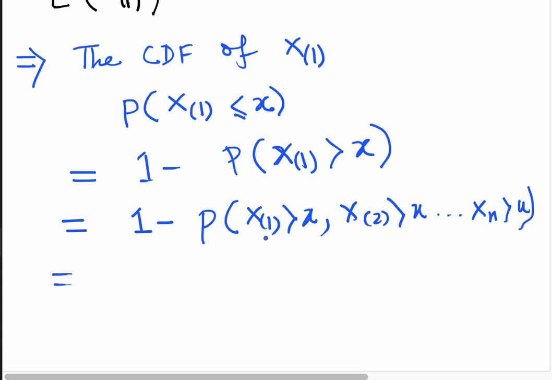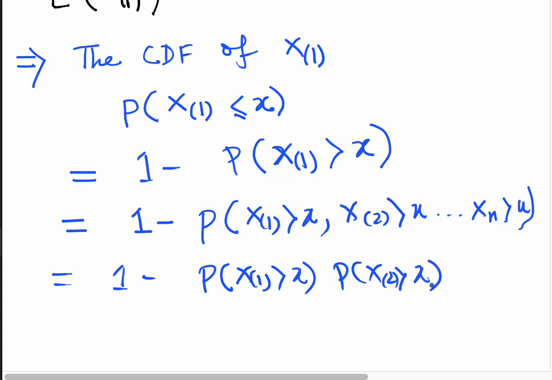Since these are identically independent random variables, this joint probability can be written as a product.